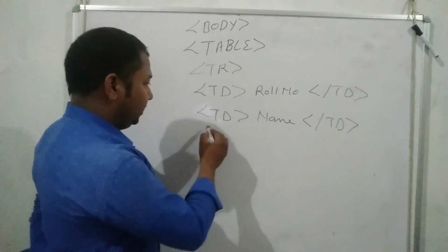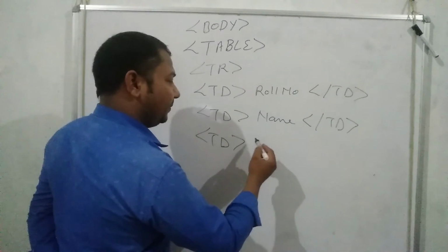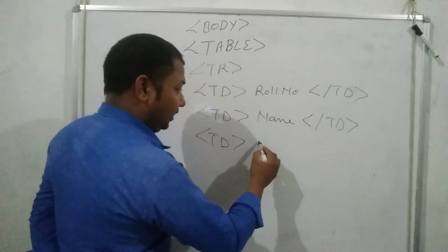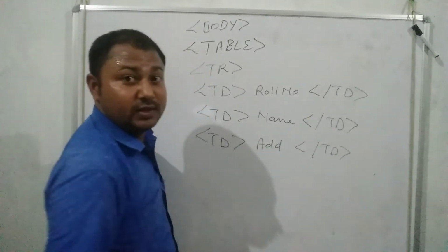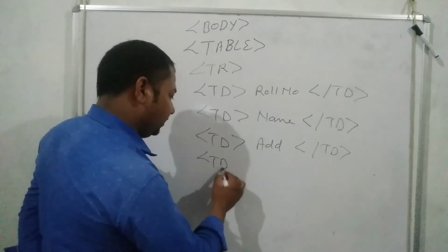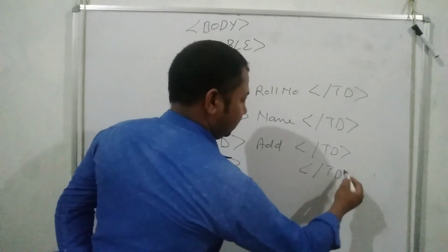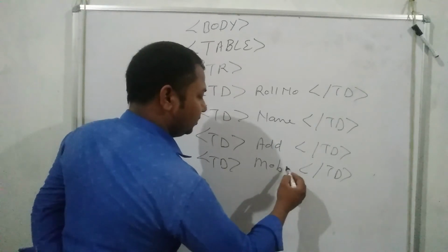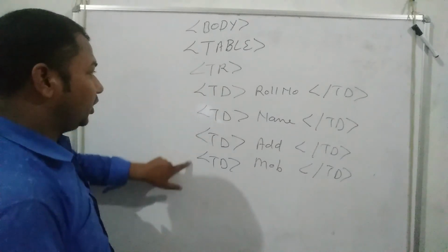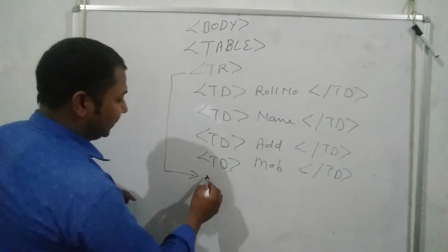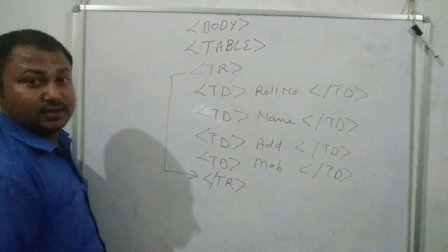Again we will use the TD tag, name, address. TD will close. Here again TD will start, like mobile number. Okay, after that this TR will close. This TR will close at the end of the row.